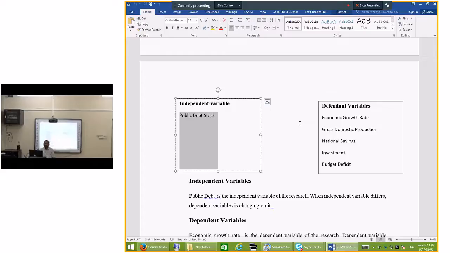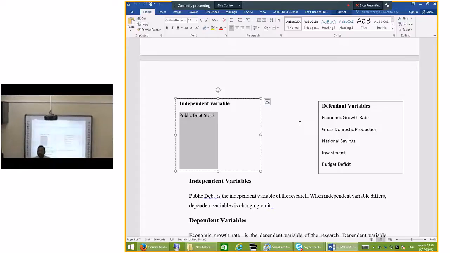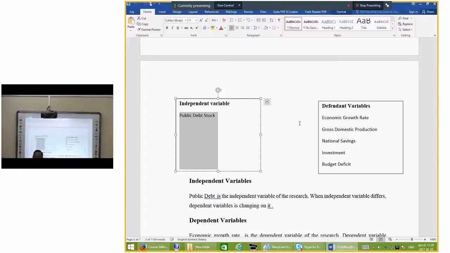Yes, sir. Because I have seen that 2-3 weeks ago, there was a conference here at Kelaniya University. One central bank governor came and presented the same type of presentation, public debt stock from 1959 to 2017, and economic growth rate, service, national service, investment.